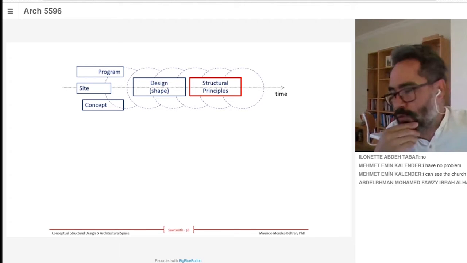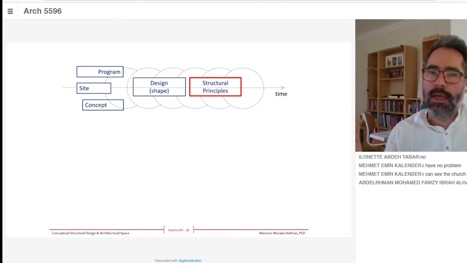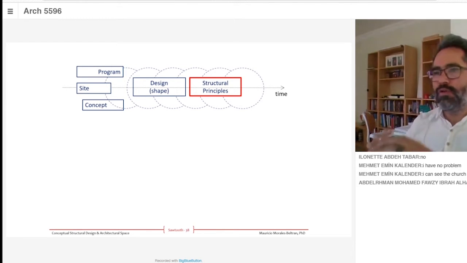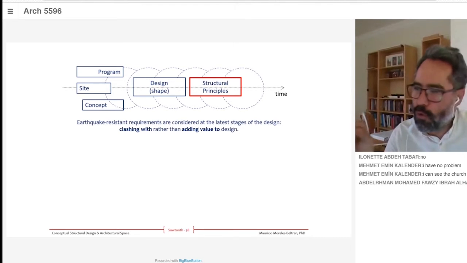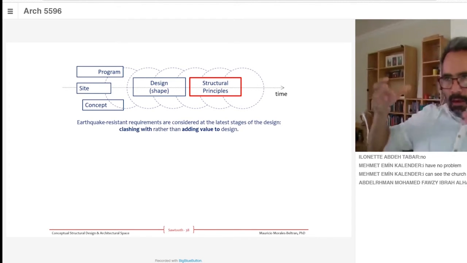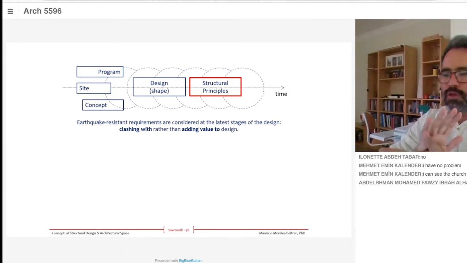Now, what is the problem with that? Because that is one approach. The problem is that when you follow this logic, the earthquake-resistant principles are going to clash with the design ideas because they are not going to match. They will never match.